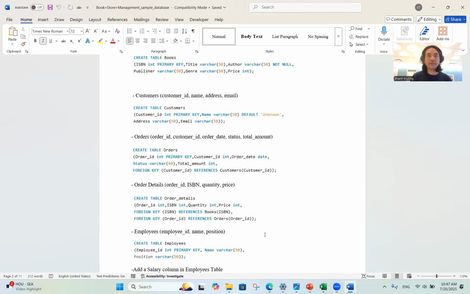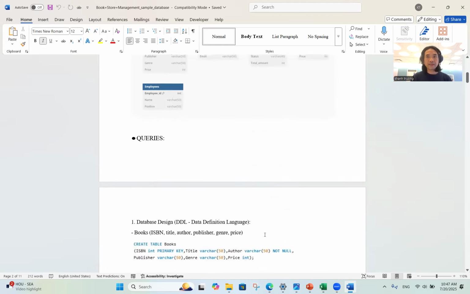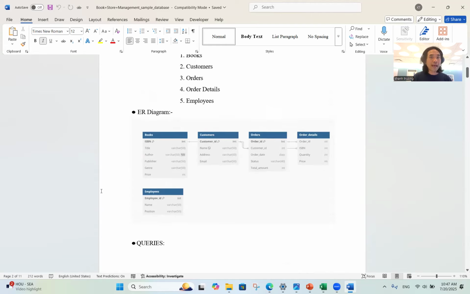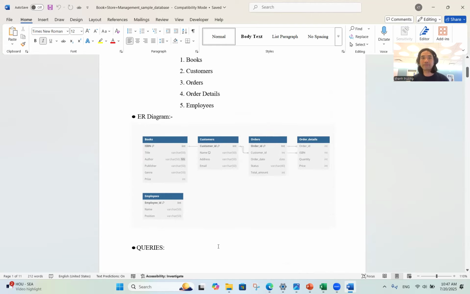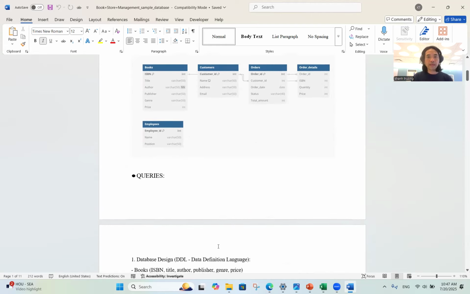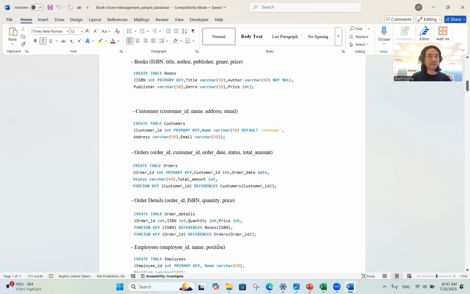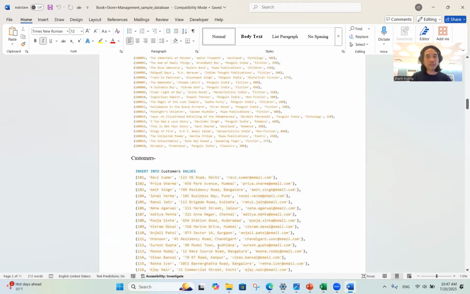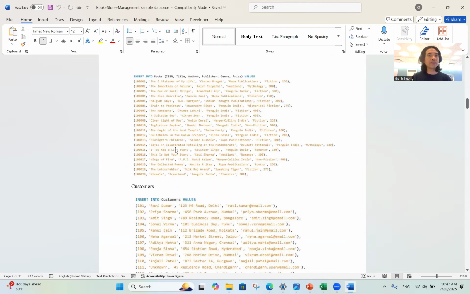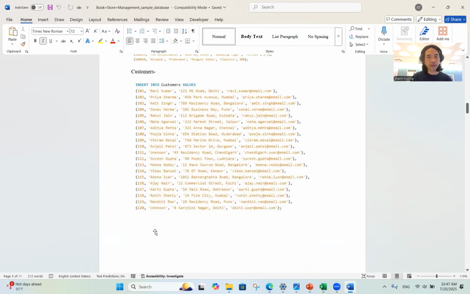Then the next step, we looked at our database that has already been designed, and we created the schema, just like how the sample database Sakila showed us. After that, we populated data into each of those 5 tables.